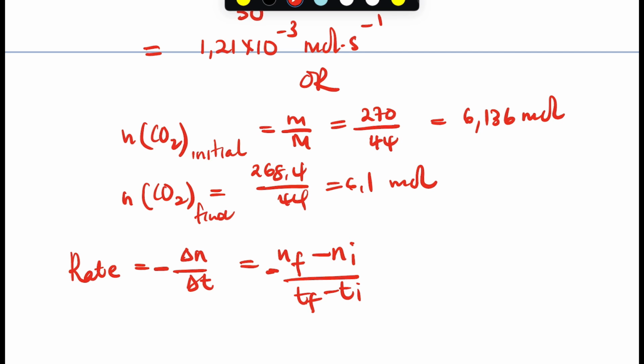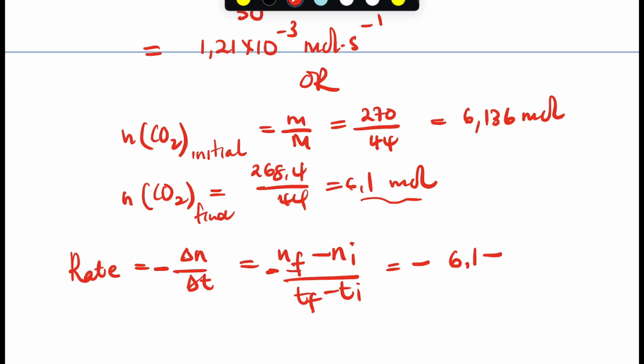Why do you put the negative there? You can see that your final is smaller than your initial, so there's going to be a negative number of moles, so you need to put the negative in front. Look at my other videos, it tells you that. And then it's going to be negative what? What is our final? Our final is 6.1.